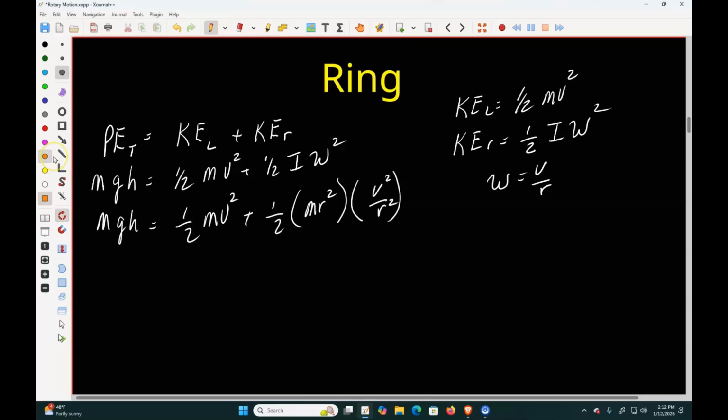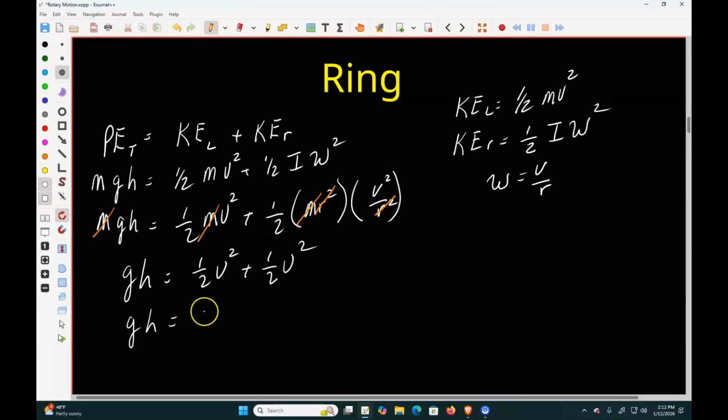I see that this radius cancels this radius. I also see that mass cancels mass cancels mass. So I can say that g times h equals 1/2 v squared plus 1/2 v squared.